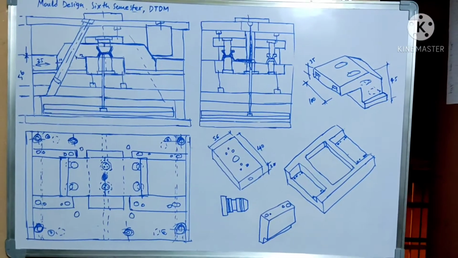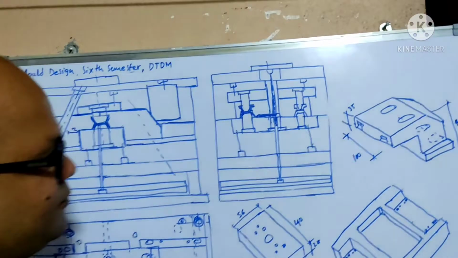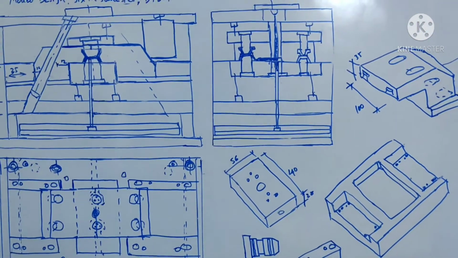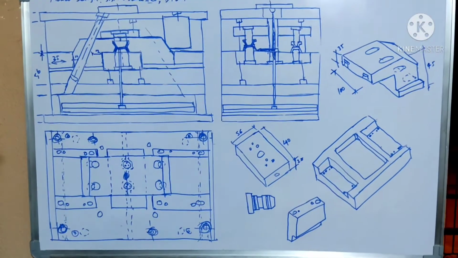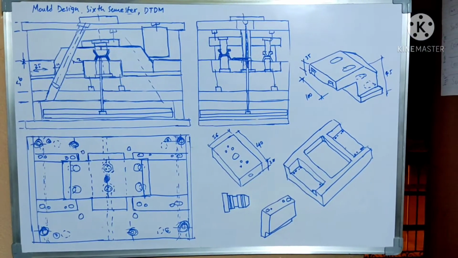With the help of the screw puller, after removing it from the mold, the component is degated.